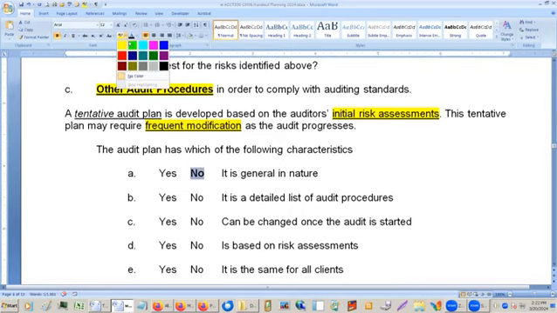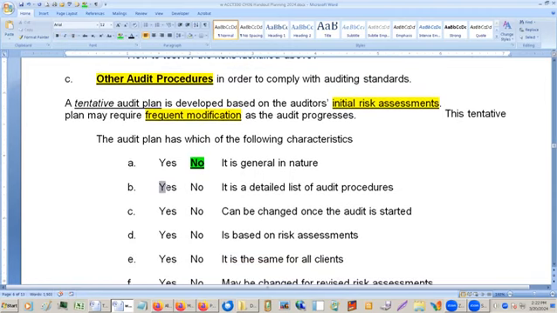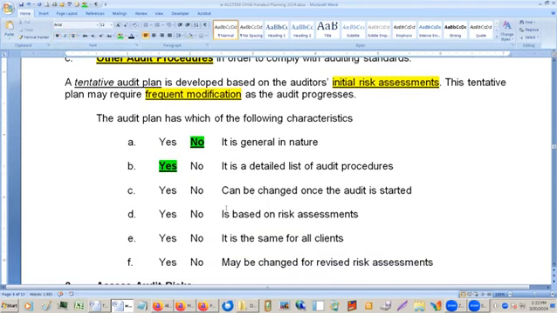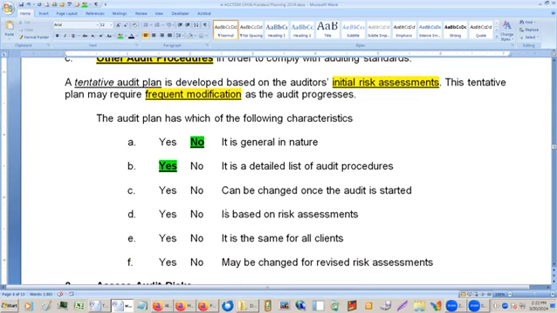Is it a detailed list of audit procedures? Yes. There'll be very specific procedures, what you're going to need to do, and as an auditor, you will follow those things. And as you get used to doing audits, you may alter them a little bit and tweak them as you go on. Can it be changed once the audit is started?